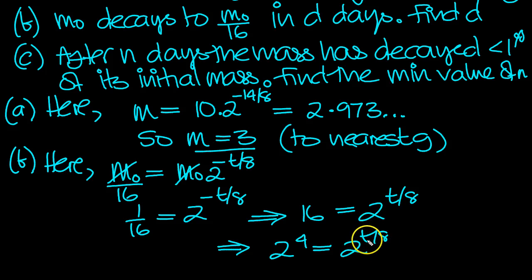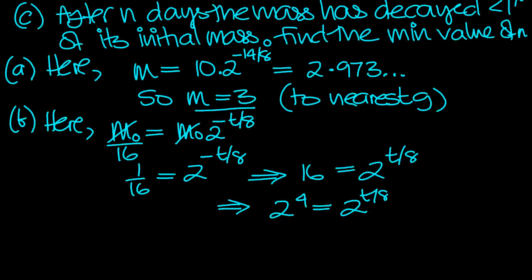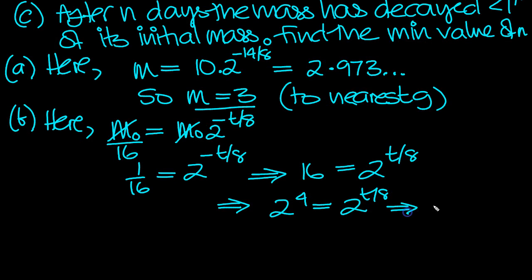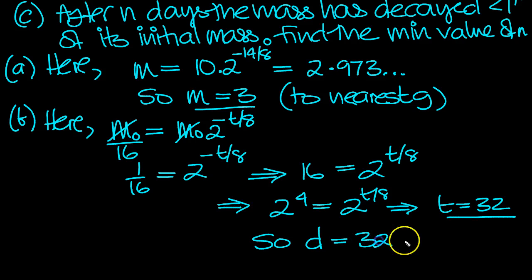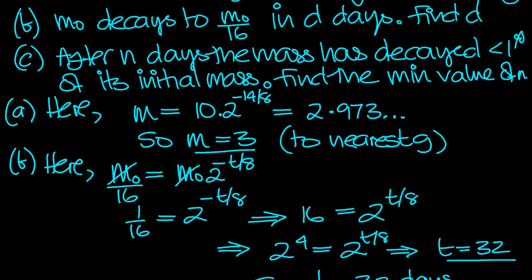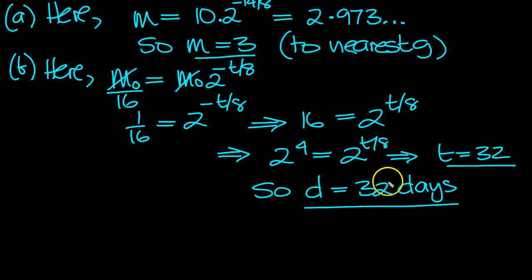Well, that would be when t is 4 lots of 8, which is 32. So t equals 32. So d equals 32 days in this part of the question. Find d. There we go.